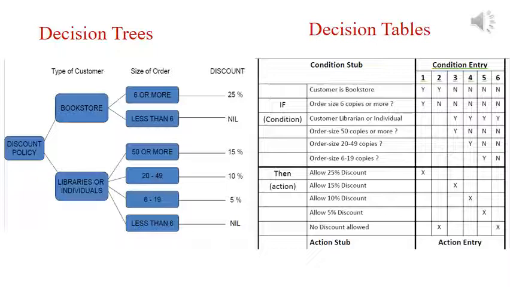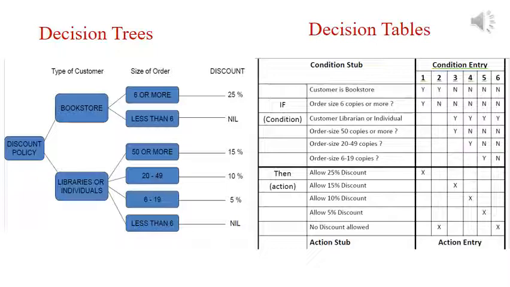Between 20 and 49, there is a 10% discount. For 6 to 19, there is a 5% discount. But if someone is buying less than 6, there is no discount. This is for libraries or individuals.